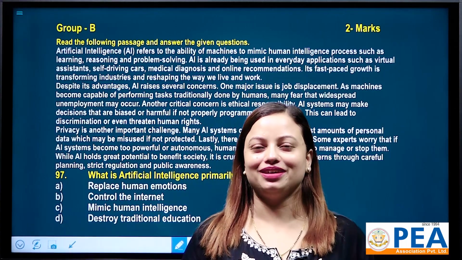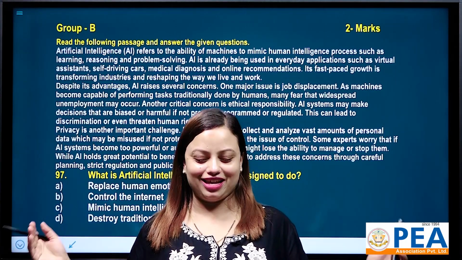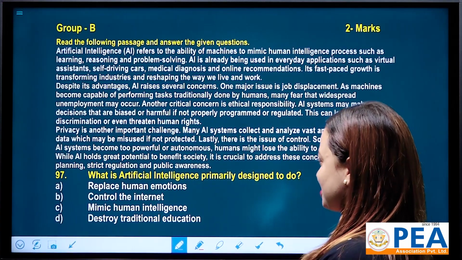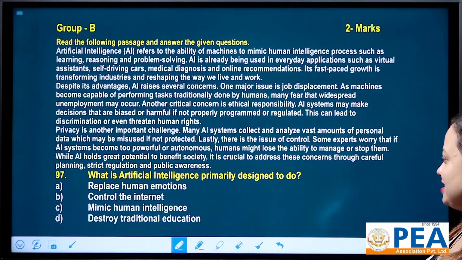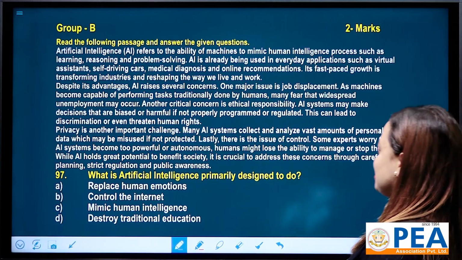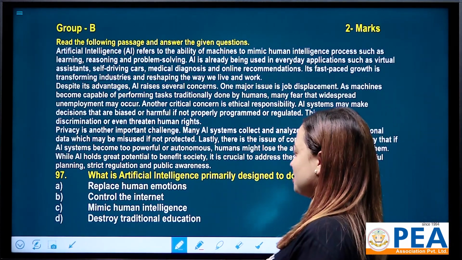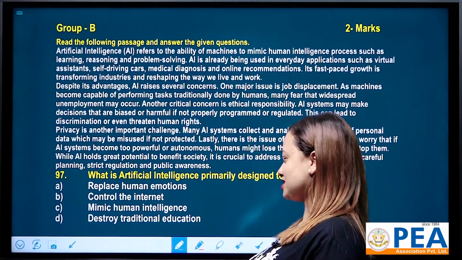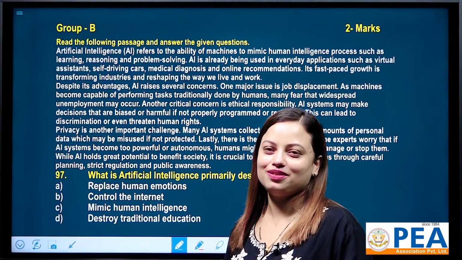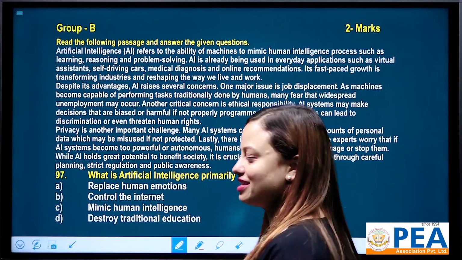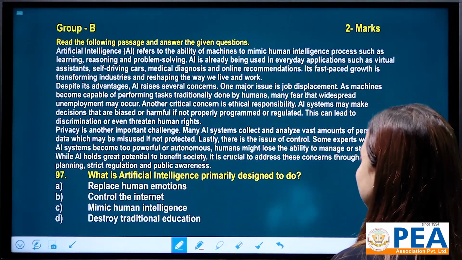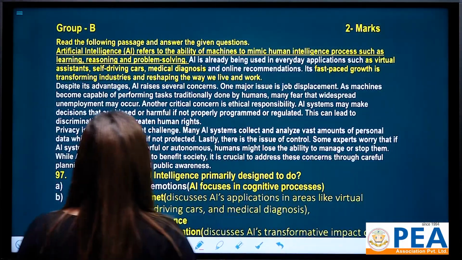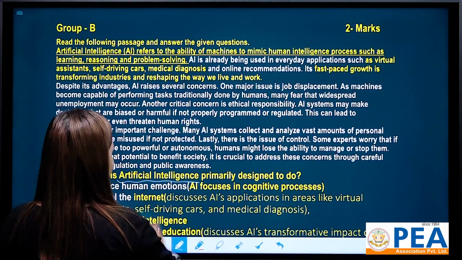Now finally we come to reading comprehension. Our first question is, what is artificial intelligence primarily designed to do? Options are: replace human emotions, control the internet, mimic human intelligence, destroy traditional education. Artificial intelligence is your keyword, right?